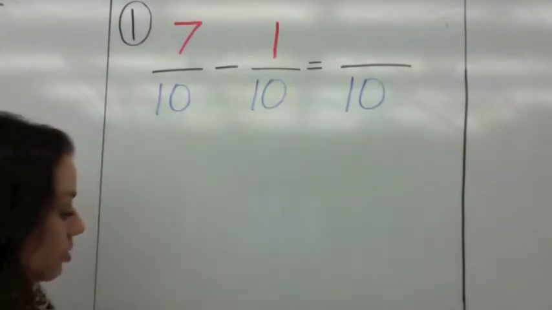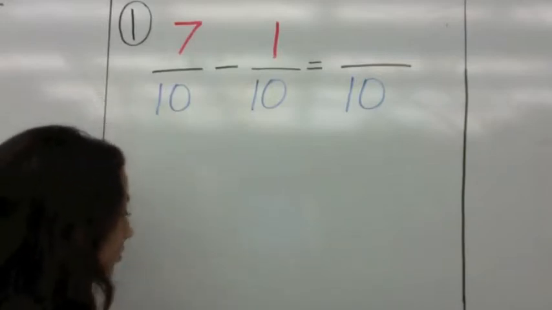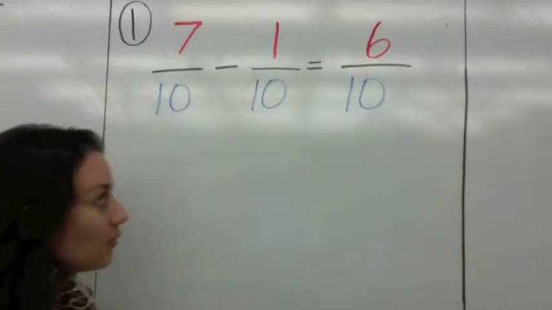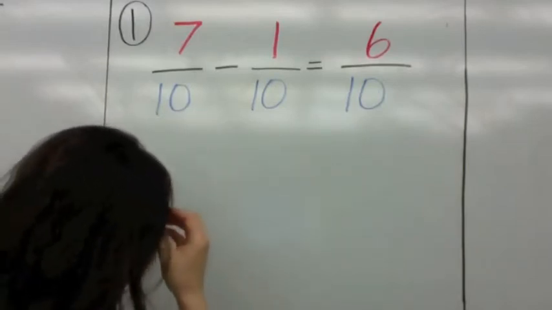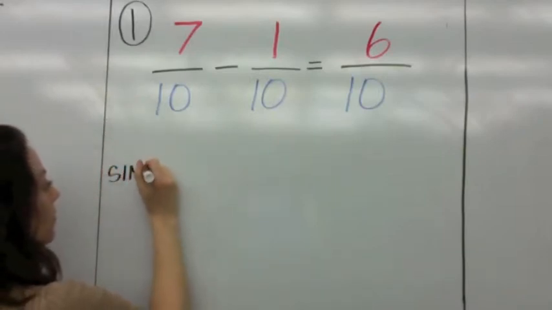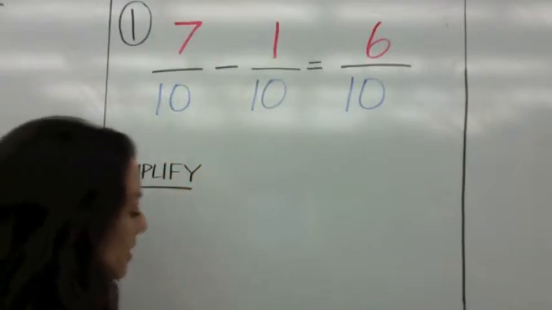And all we have to do is subtract the numerators. Do what? Subtract the numerators. So our new fraction then is 6/10. Now instead of drawing tenths, I want you to take your answer and simplify it.